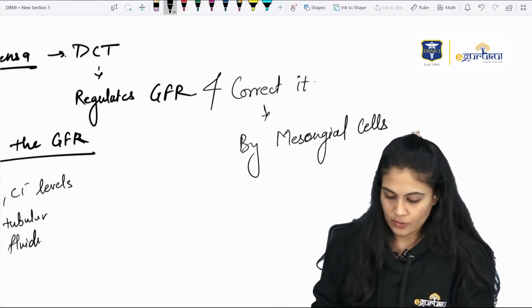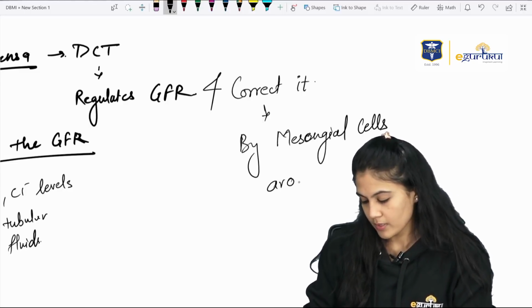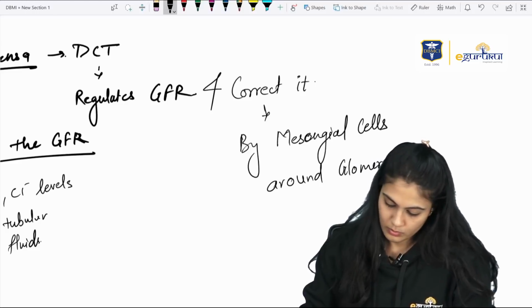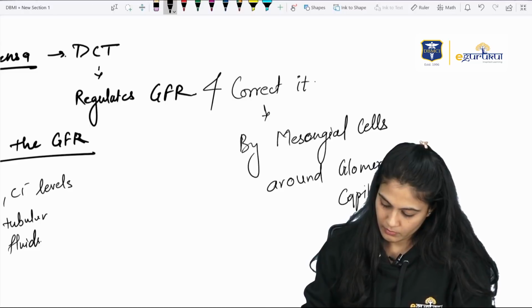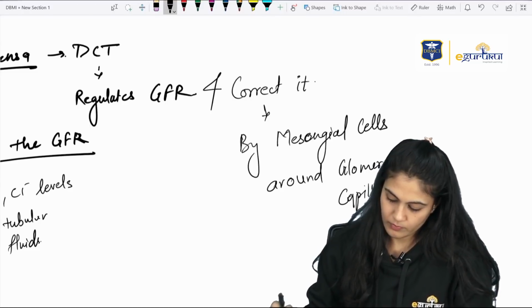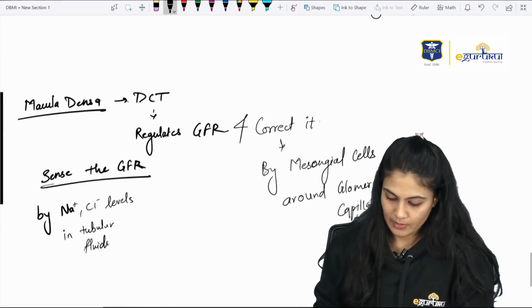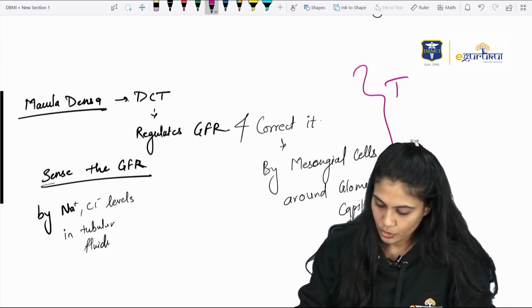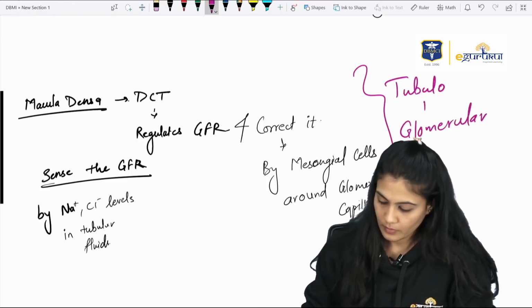By mesangial cells which are present around the glomerular capillaries. And the whole process is known as tubuloglomerular feedback.